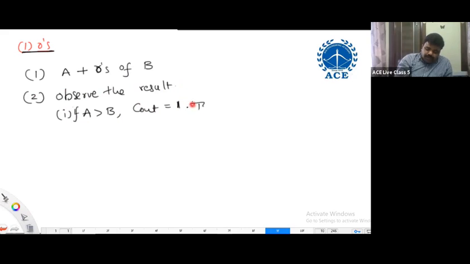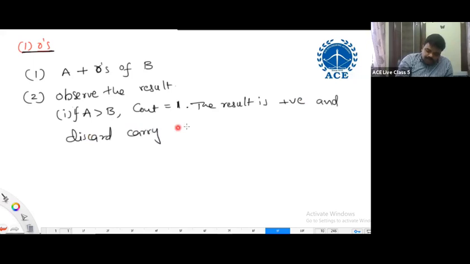Then the result is positive and discard carry. Sum is the result or difference. What is it here? If A is greater than B, final carry out will be 1.